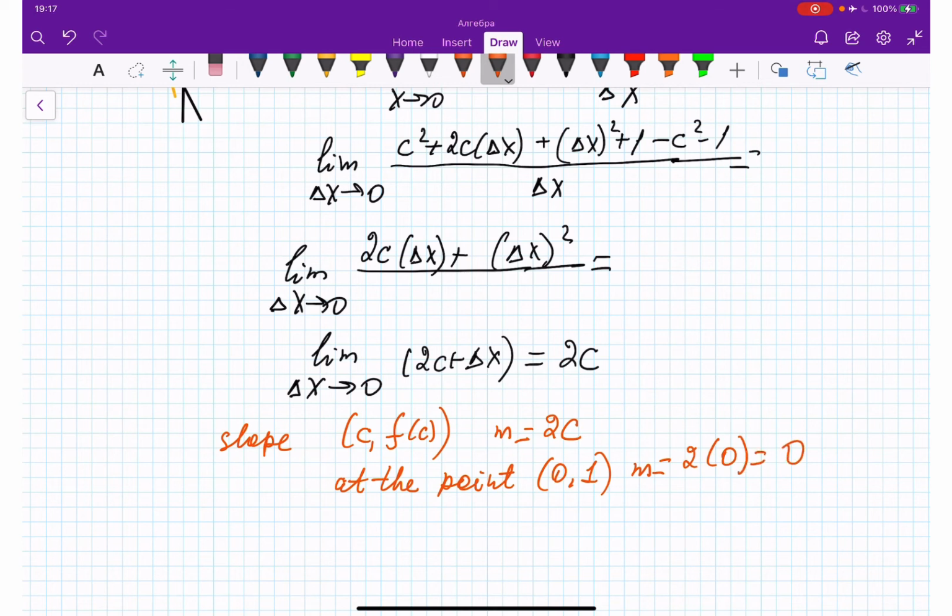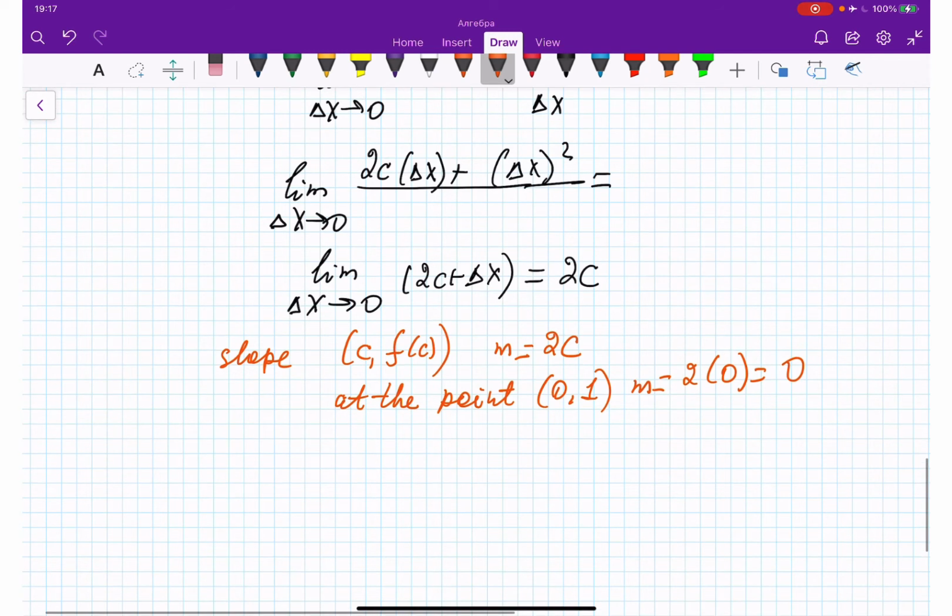Okay? And at the point -1, 2, m is going to be equal twice times -1, right? Equal -2.